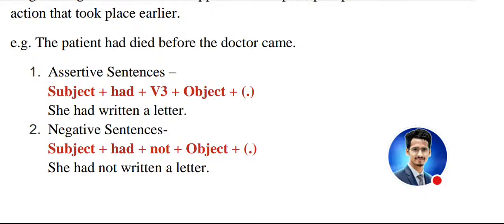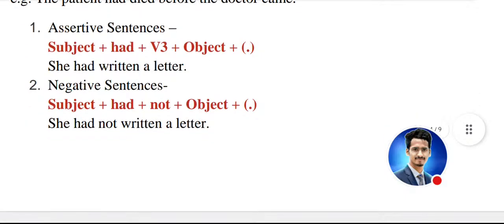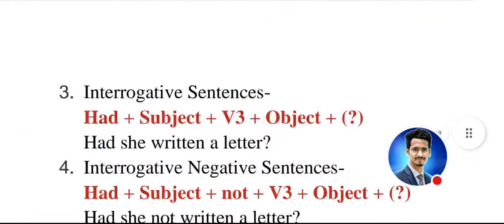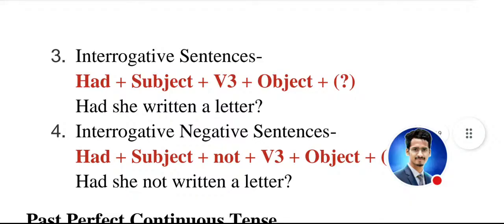You can see she had written a letter. Negative, she had not written a letter, just add not with the auxiliary verb. So next, how can we make interrogative? This is very simple. Interrogative, had she written a letter, just add the auxiliary verb first.